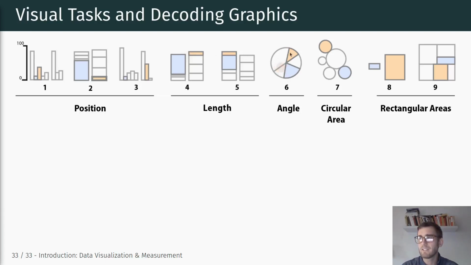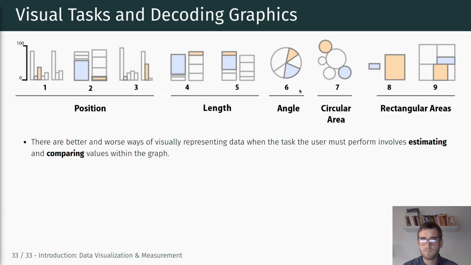We can look at angles, for example, in a pie chart, or sizes of circular areas or sizes of rectangular areas. And it turns out, obviously, as you look at these different examples, there are better and worse ways of visually representing data when the task the user must perform involves estimating or comparing values within the graph.